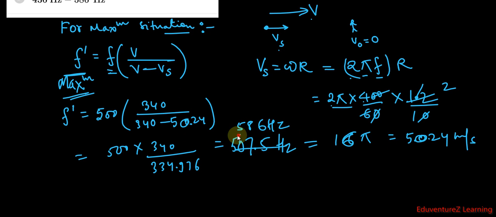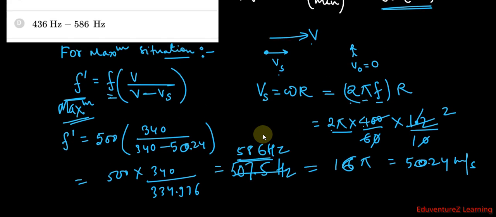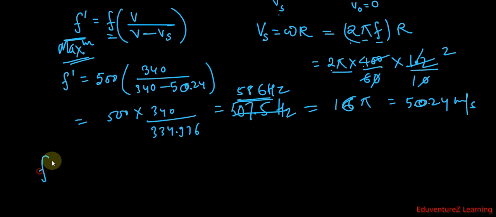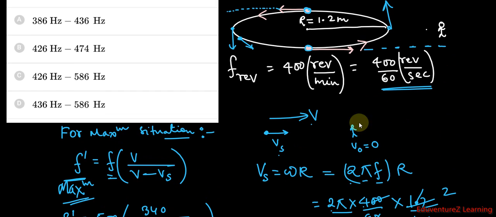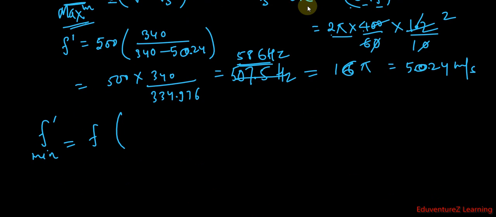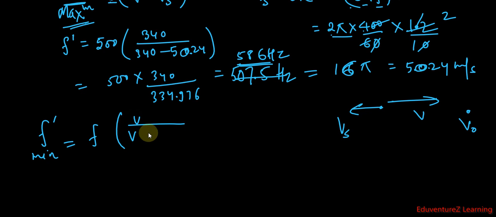So this is 586. Now for the minimum frequency we can write f dash minimum equals f. Now the diagram will be for this situation. Here the source is moving in this direction, this is the direction for the velocity of source, this is the observer, and sound travels from source to observer. Now the formula will be v upon v plus vs, because both are in opposite direction.